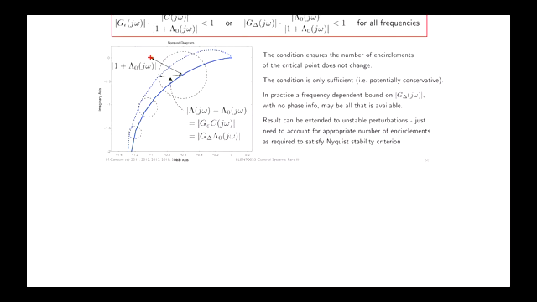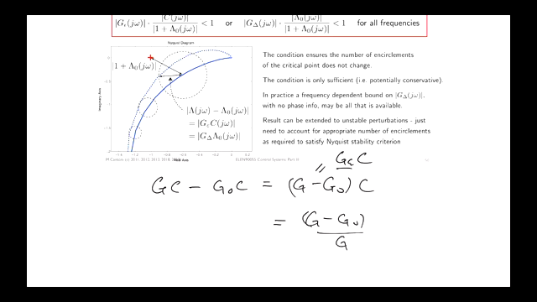We've got GC minus G naught C. Well, that's just G minus G naught C, which is clearly equal to G epsilon C, the additive perturbation. And if I multiply the top and the bottom by G naught, you can see that that's the multiplicative perturbation times lambda naught.